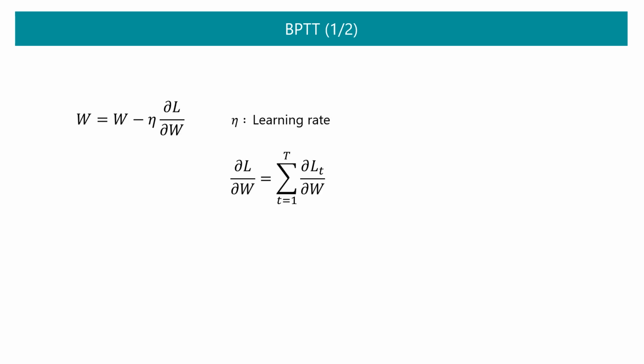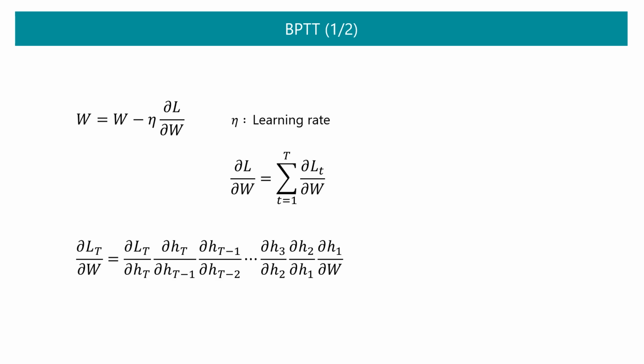We can express the weight update by this equation. First, multiply the learning rate with the weight gradient. Then, subtract the product from the current weight. The weight gradient can be found as the partial derivative of the total loss with respect to the weight.